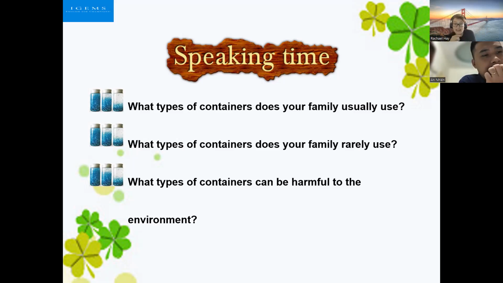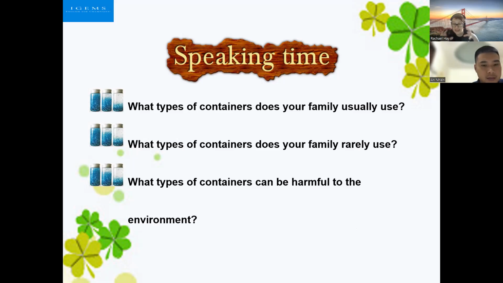What types of containers does your family rarely use? So you don't use it often. Can. Yes. Okay. What types of containers can be harmful to the environment?